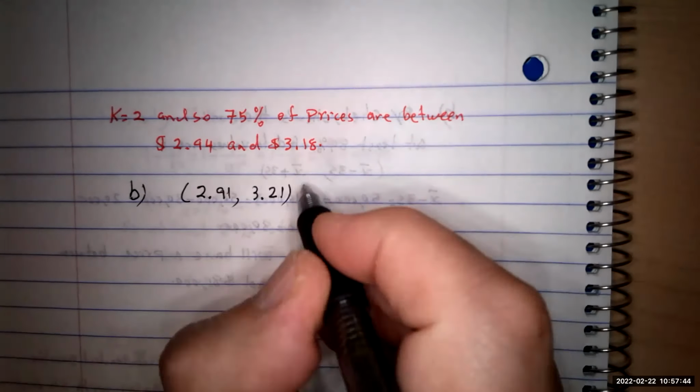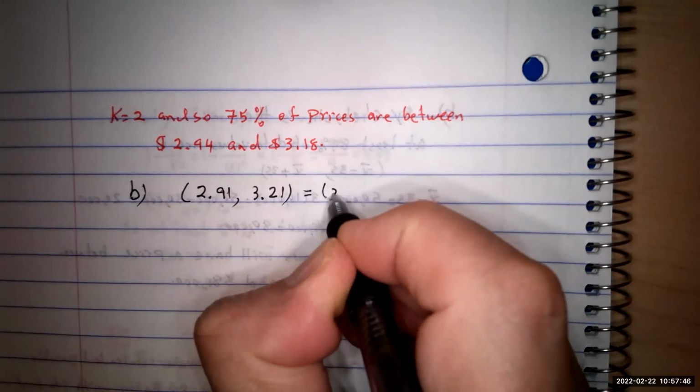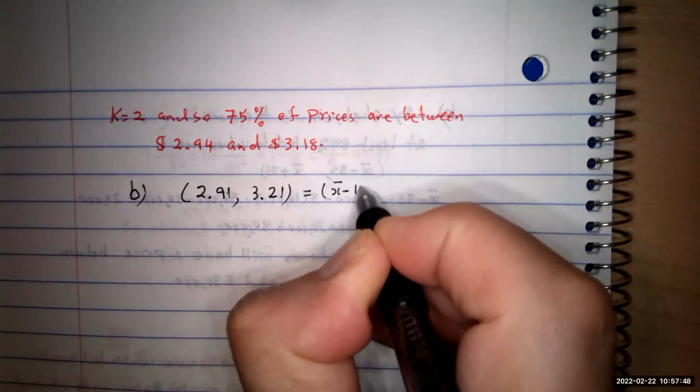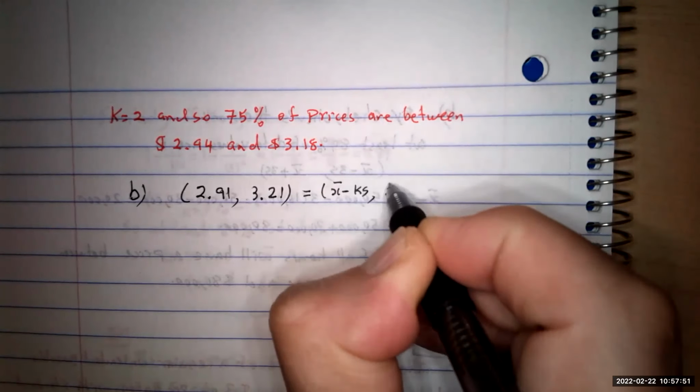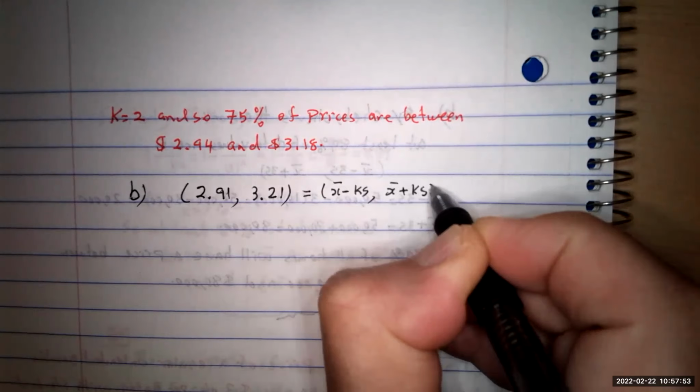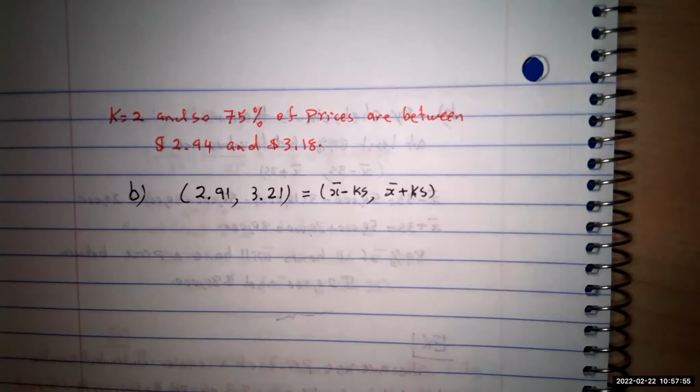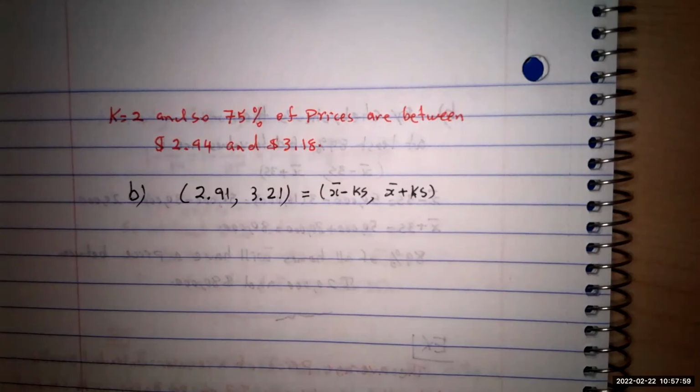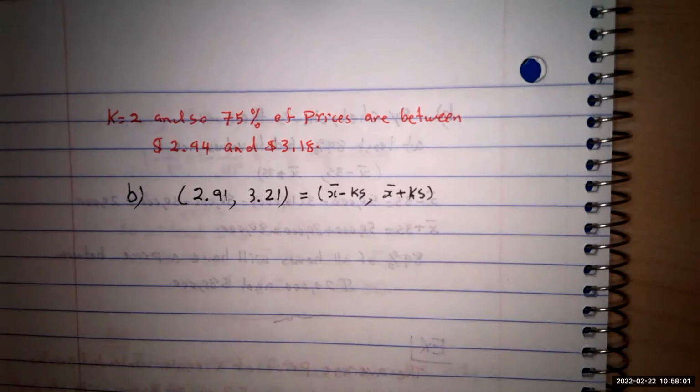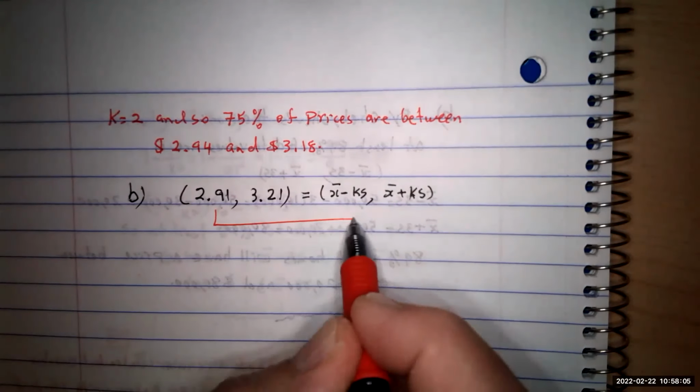So let it be equal to the general range that we have. The general range is X bar minus KS, comma, X bar plus KS. Again, you have a choice. Their components must be the same. You can use the lower range or the upper range. So I'm going to use the lower range. Again, you see these two.